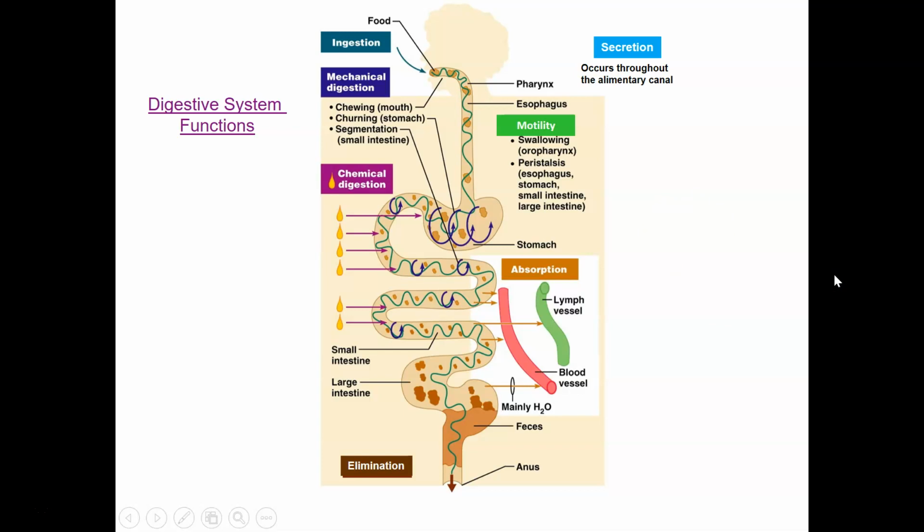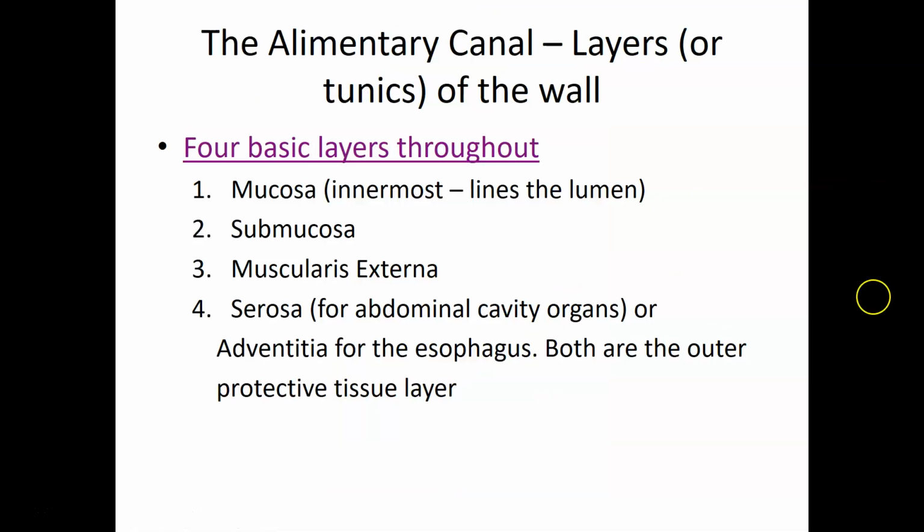Another main topic for this video is the tissue composition of the wall of the alimentary canal. Different segments of the alimentary canal are going to differ, and they'll be specialized for different functions. But we can define general structural components that will be present pretty much in all segments.